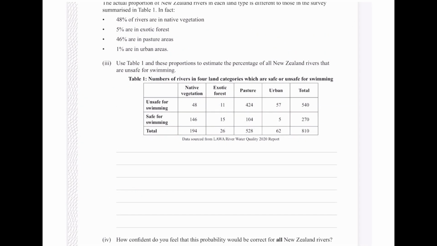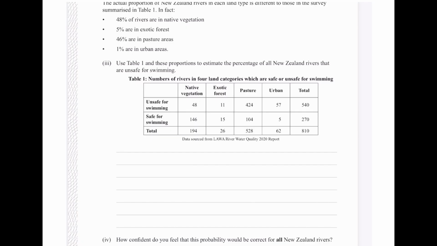Now, the actual proportion of New Zealand rivers in each land type is different to those in that survey. So they've given us the actual proportions there. And what we need to do is use table 1 and the proportions that are given to estimate the percentage of all New Zealand rivers that are unsafe for swimming. Okay.